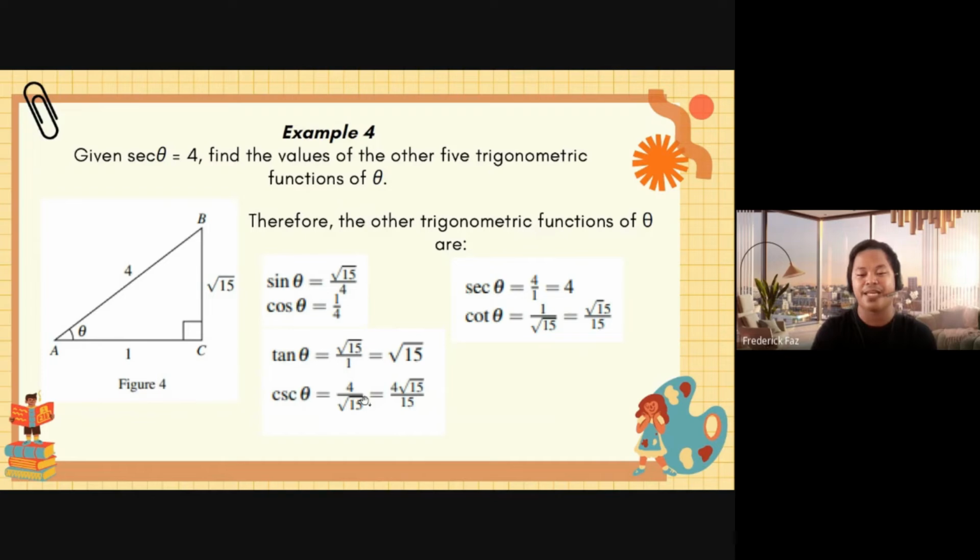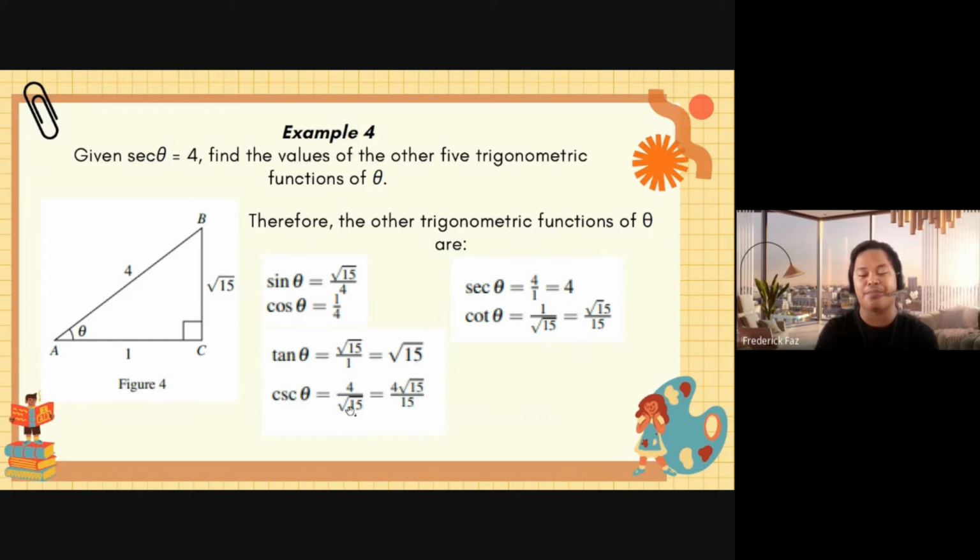Since we have here a denominator which is a radical sign po, we need to rationalize the given fraction. So in this example, we need to multiply square root of 15 for both numerator and denominator to simplify the denominator. So we have 4 square root of 15.